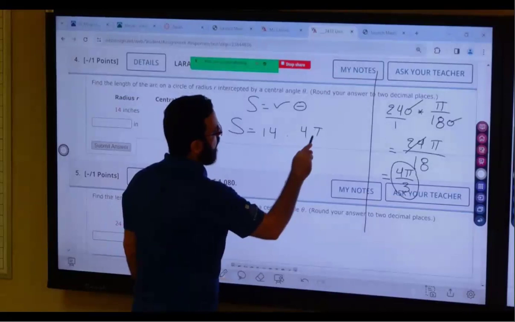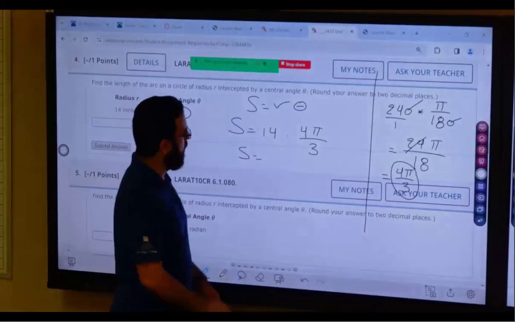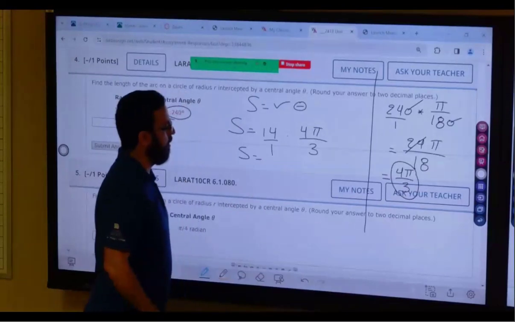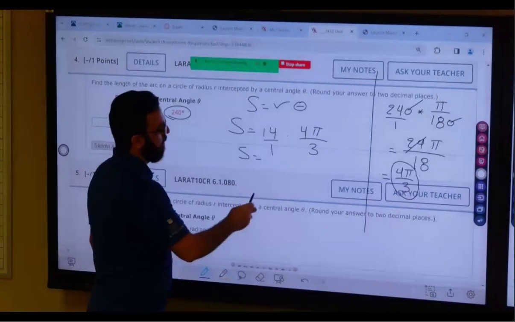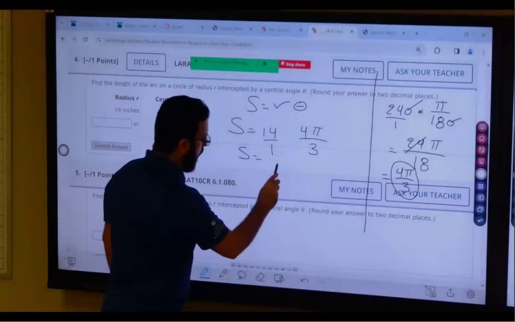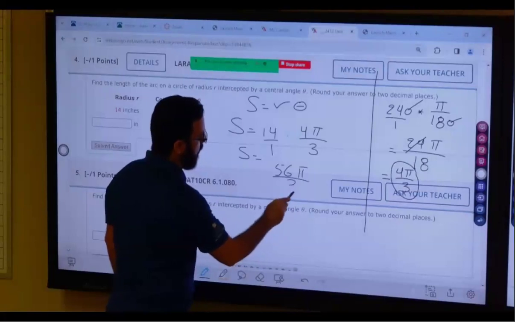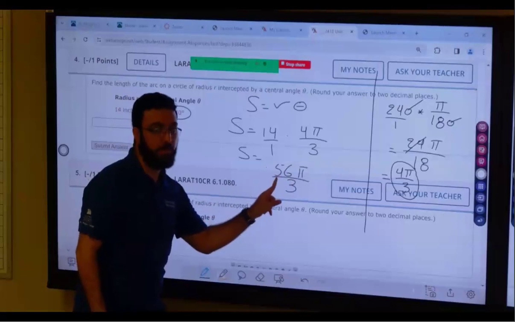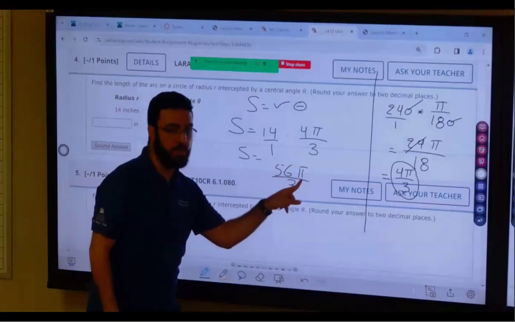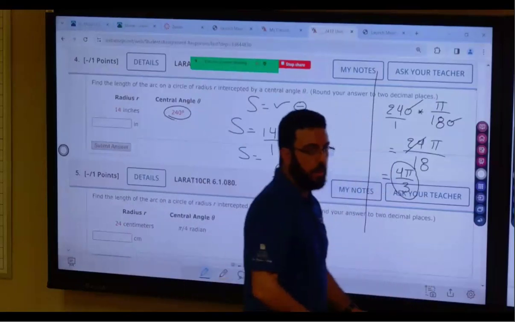4 pi over 3. S is going to be equal what? 56 pi over 3. And then what are you going to do? You have to multiply 56 times what? Pi. How much is pi? 3.14 and a whole bunch of other stuff.